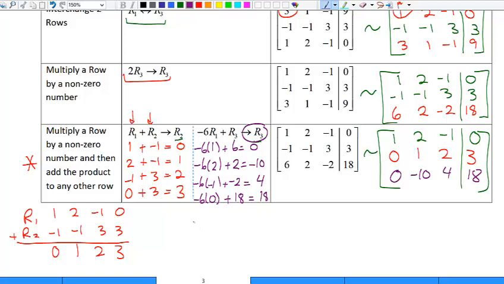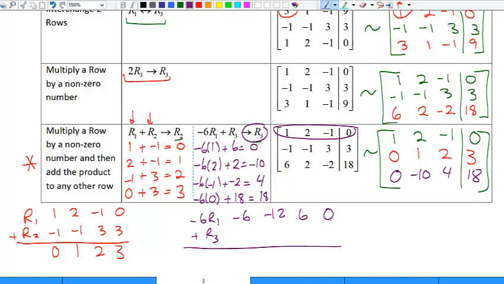Another set of work to do it a different way would be this way. Either way, you're going to have to show your work off to the side somewhere. If I take -6 times row 1, I'm just going to go ahead and take my row 1 from my matrix and multiply it by -6. So 1 times -6 is -6, 2 times -6 is -12, -1 times -6 is +6, and 0 times -6 is 0.